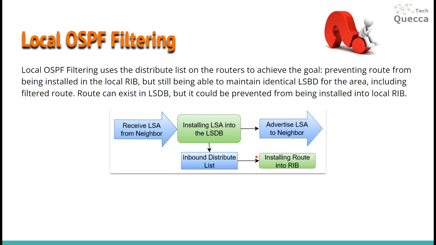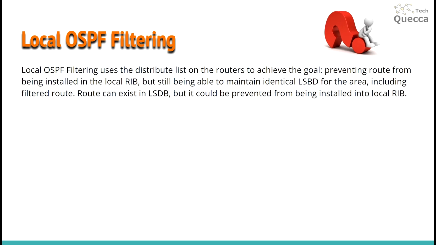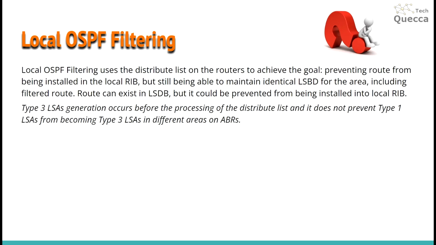It means that the route can exist in the LSDB, but it can be prevented from being installed into the local RIB. But Type 3 LSA generation occurs before the processing of the distribute list, and it does not prevent Type 1 LSAs from becoming Type 3 LSAs in different areas on ABRs.